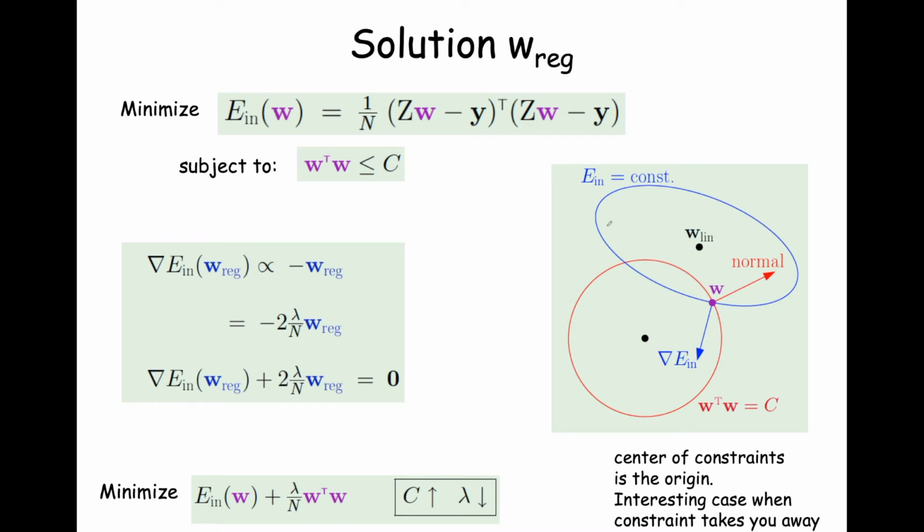For each value of En, you get these concentric ellipses that are either smaller or larger as this constant gets smaller or larger. And so you have a different version of En here, a different version there, another version here, for every constant value of En.